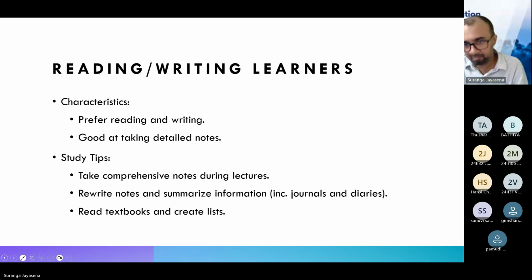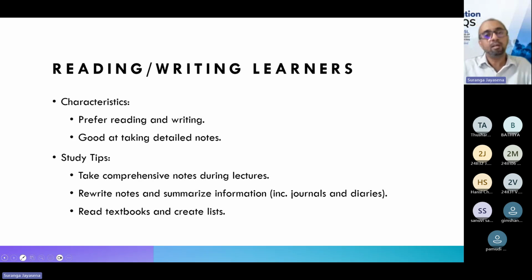That is good. But sometimes it is not even read, remember, and write back, right? And sometimes it is even effective just to write while reading. So if it works for you, of course, you can have a combination of characteristics, right? So you have this characteristic of reading and writing learners.